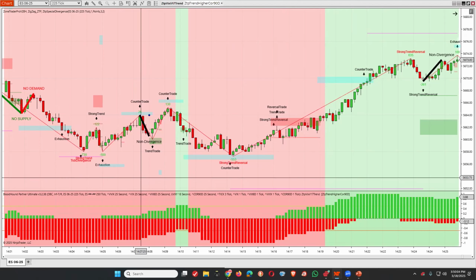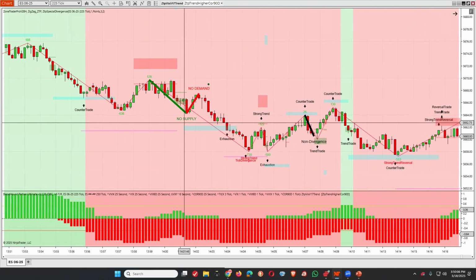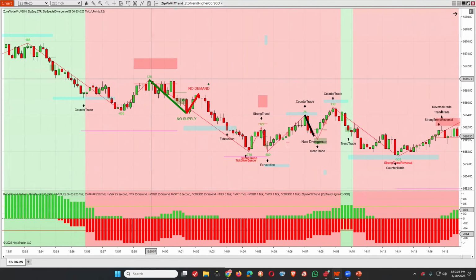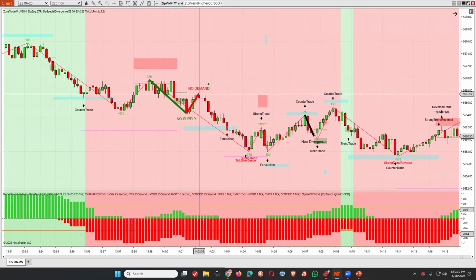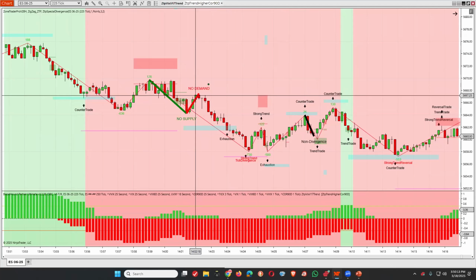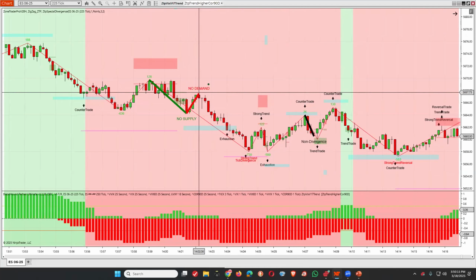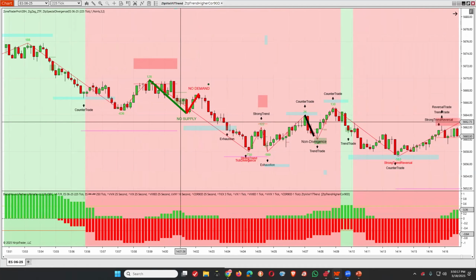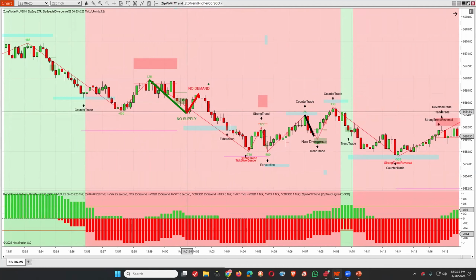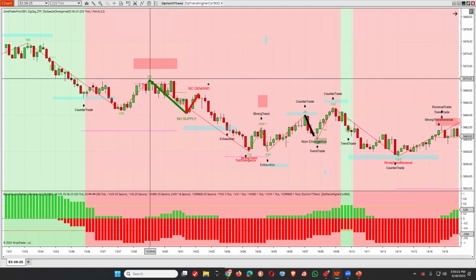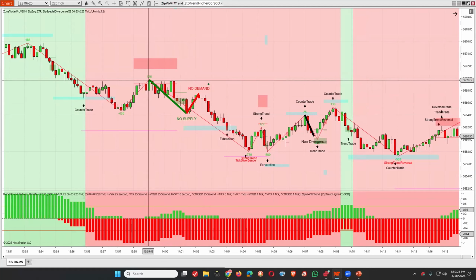So one can sell no demand? Absolutely. See, no demand right here is that price was higher by at least 3.5 points, but the cumulative delta was lower. The opposite is true for no supply right here.